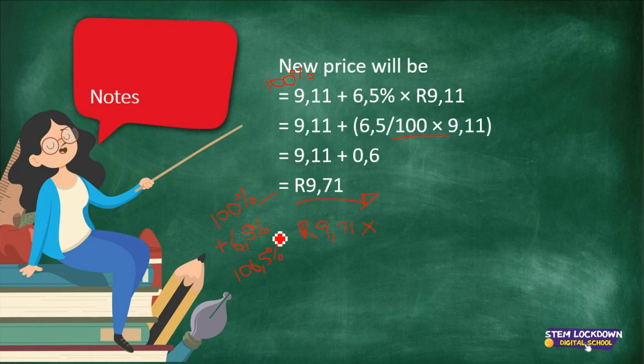So percentage-wise, this figure is equal to 106.5%. So I can say my original figure, which is 9 rand 11 cents, times 106.5% divided by 100. My answer will be 9 rand and 71. So this is a quicker way of getting to your answer.